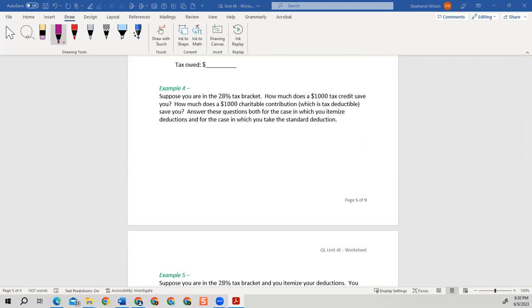Next, when you fall into the 28% tax bracket, your $1,000 deduction will save you, so think about it this way: 28% times that $1,000, which is 0.28 times $1,000, is a total of $280.